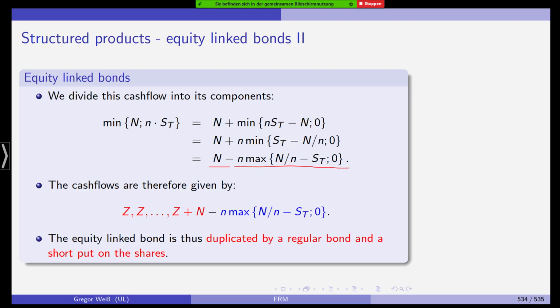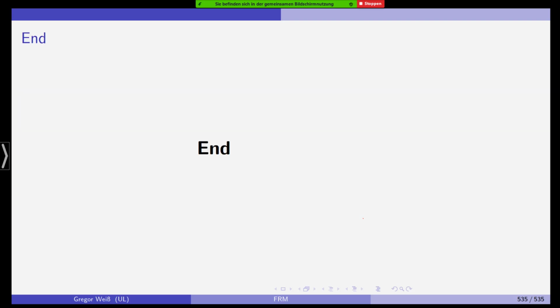So the cash flows can be split up into Z, Z, Z, Z plus N. This is a coupon bond minus N times the maximum of capital N divided by small n minus ST and 0. So this is a regular bond and a short put on these stocks. If you combine this and securitize this, you have a so-called equity-linked bond.